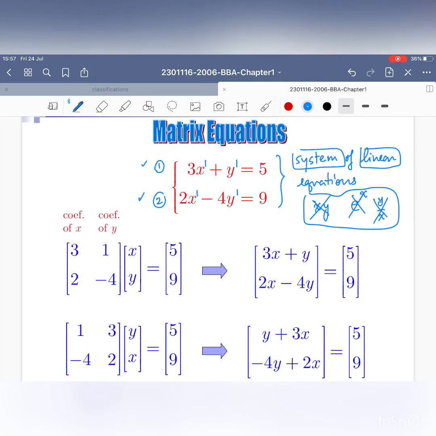If you look at it this way, here is the coefficient of your x. You collect it as your first column.